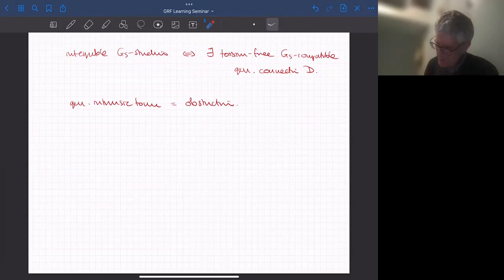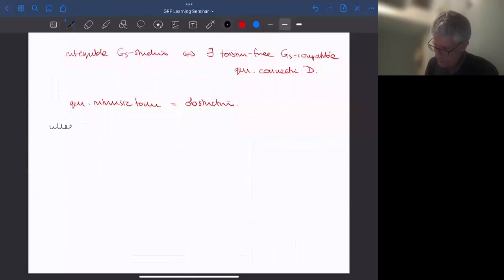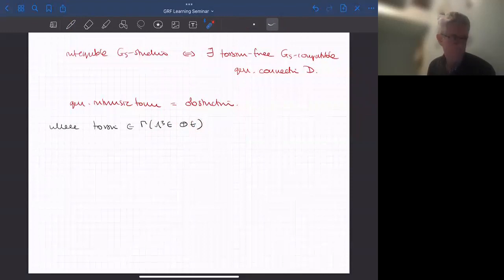And I should say here, in general, the torsion in this case is going to be some element of wedge 3 of E plus an extra factor. Often the torsion is just written as something in here. This extra factor is coming precisely because we've included this R plus direction, it's R plus scaling.